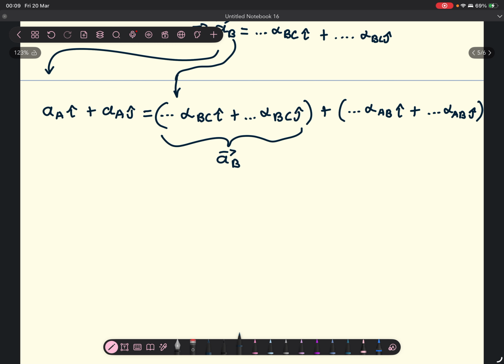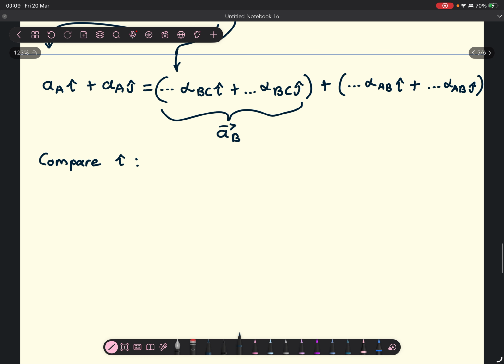Now we have two unknowns, but secretly we also have two equations. We compare all the I terms, and then we compare all the J terms.